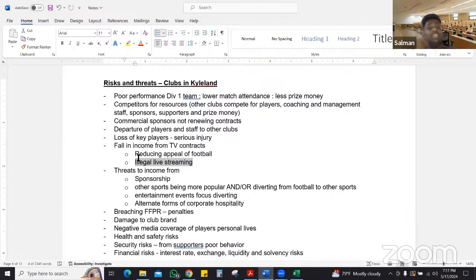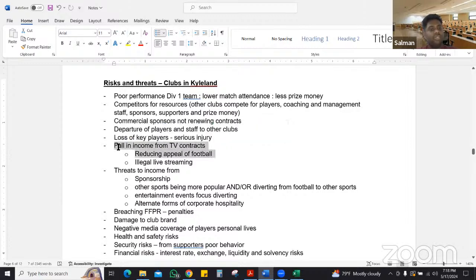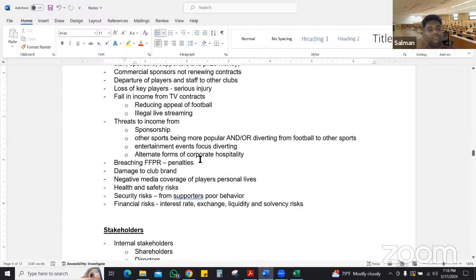Similarly, illegal live streaming can affect the TV's income, where people would not subscribe to the TV channel. They would rather log into these live streaming platforms. So if TV channels are not earning sufficient income or getting sufficient subscribers, they might be reluctant to renew, or reluctant to pay high money for this.